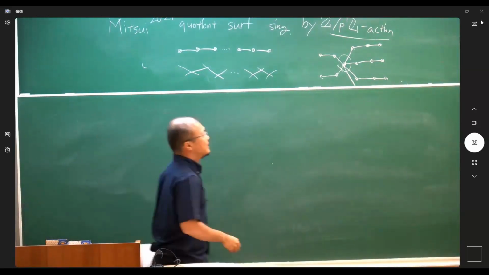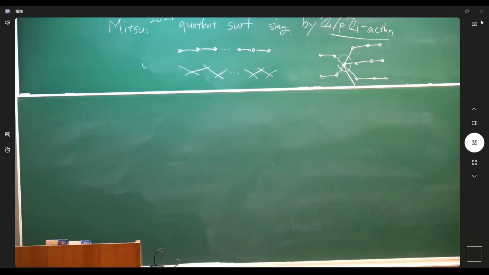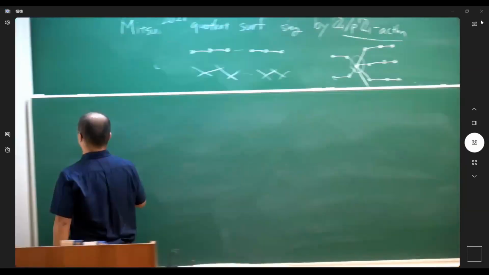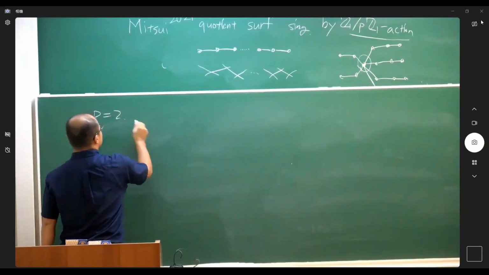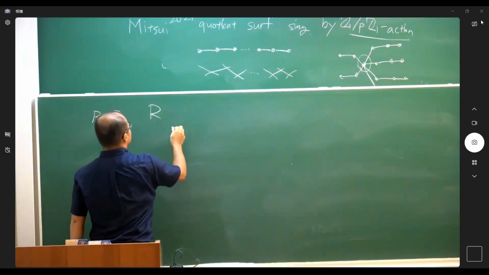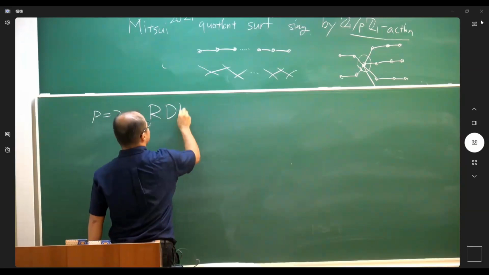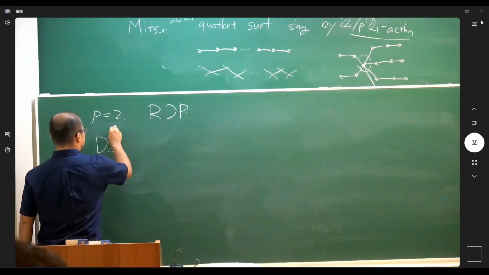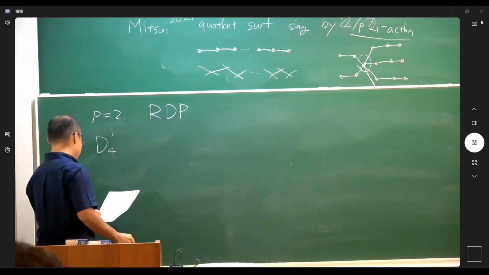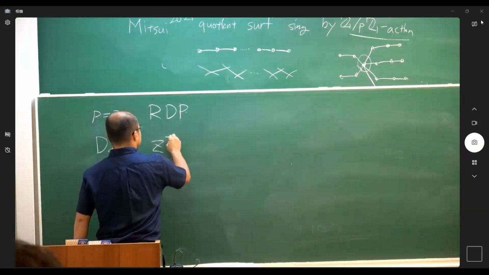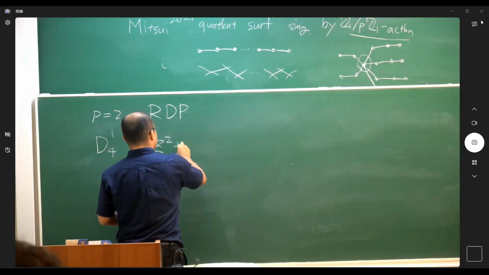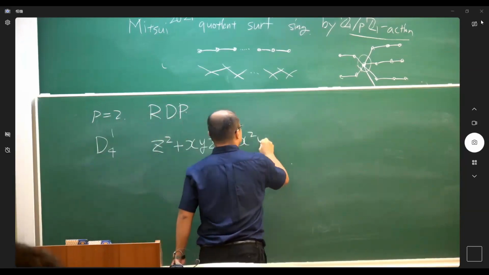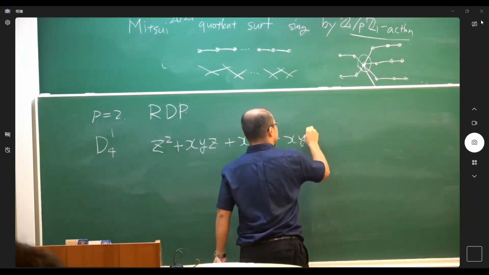So this is a little abstract, so I will give a very explicit example in positive characteristic. And this is RDP, D_4^1 singularity. It is given by the equation z^2 + xyz + x^2y + xy^2 = 0.